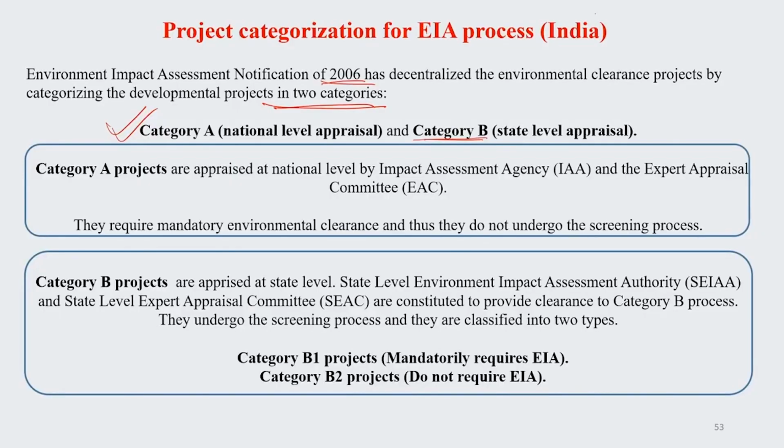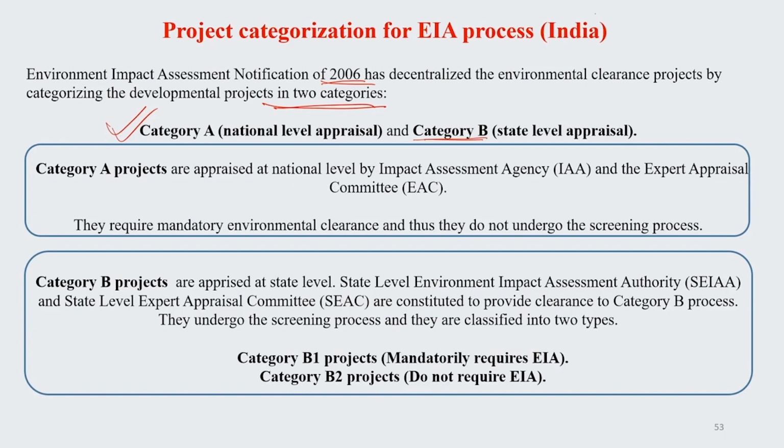And I do not want to mention, many of you are from different parts of our country, from different states, each one of you may know, with rivers, with forests, with fertile land, we have many issues between our different states. So, that is why it is divided or decentralized into two categories. Category A, where you need national appraisal, you cannot compromise, it has to be national level, and the other one can be state level.